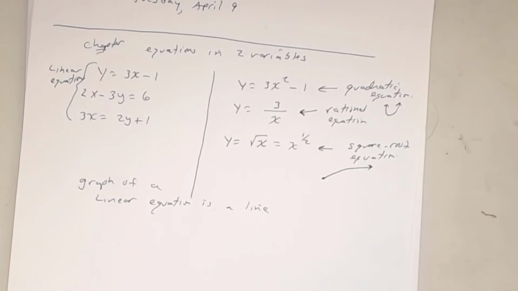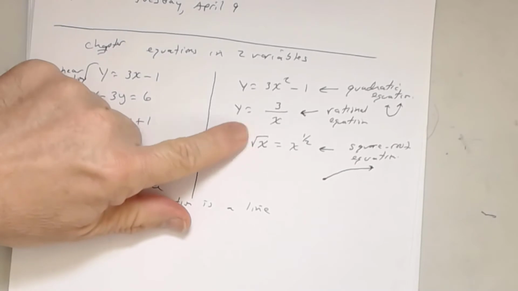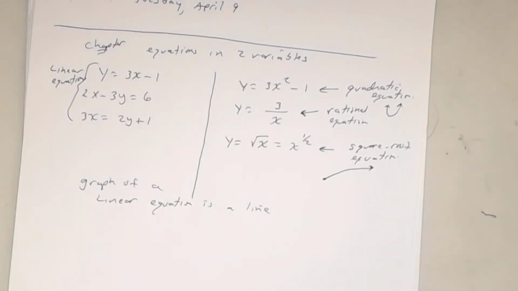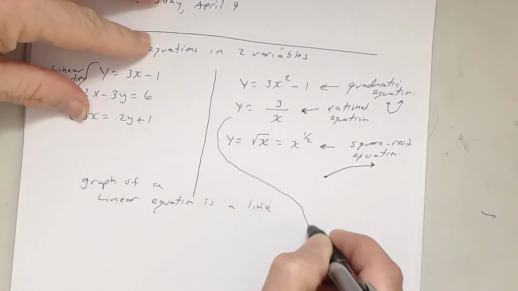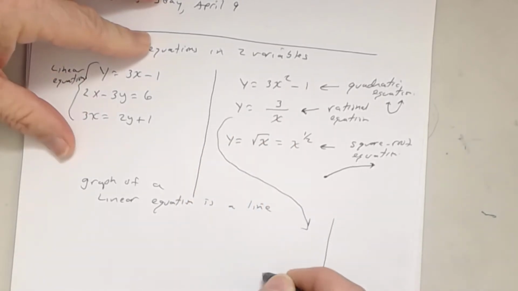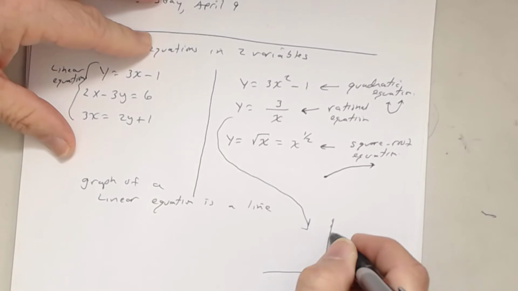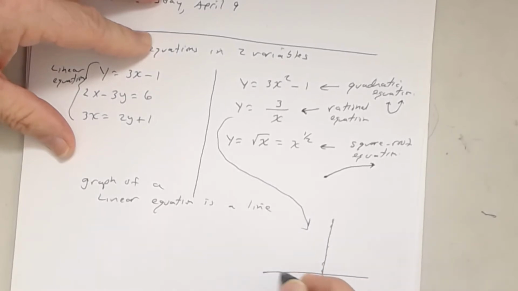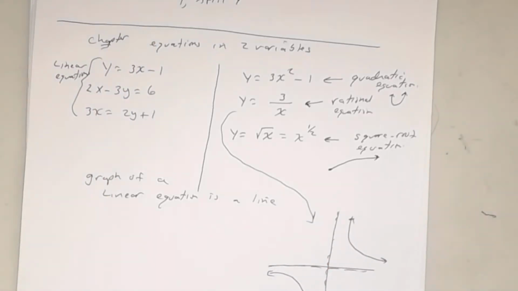All right, so these are linear. This would not be linear. This is rational. You're going to see that the graph of this one will look something like this. And that's in college algebra. You don't have to know what it looks like now. But it'll look something like this. So that's that graph.